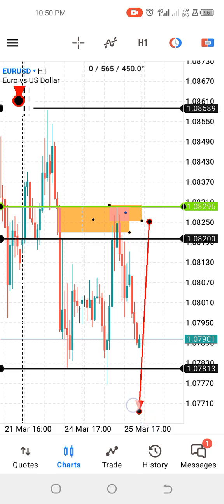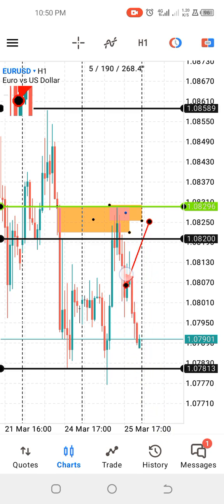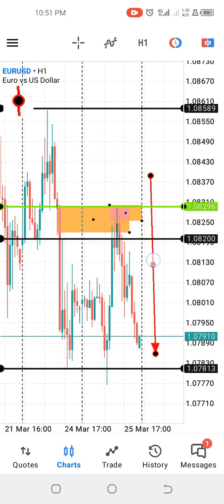Sometimes price will trade just tapping the 50% and from there start to drop. Sometimes price will trade even to the high of the previous day's candle, get a reaction and start to drop from there.